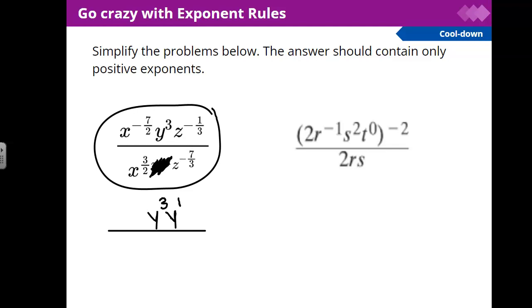Done. All right, then I am going to take that x to the 3 over 2 on the bottom, and I'm going to leave it. But I'm going to take that x to the negative 7 over 2 from the top, and I'm going to move it to the bottom. So anything with a negative exponent needs to move.